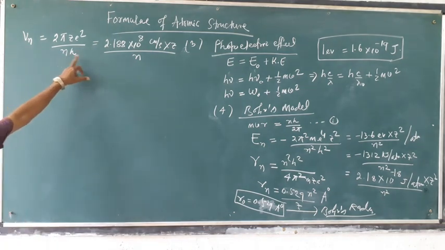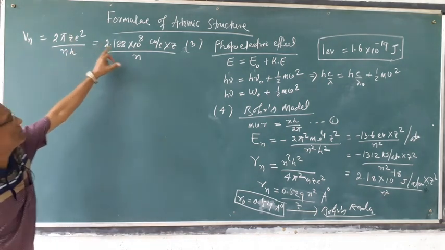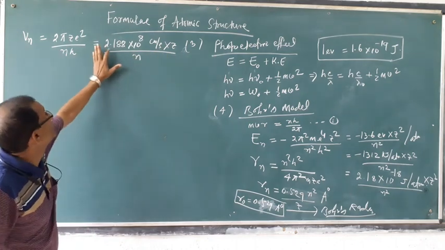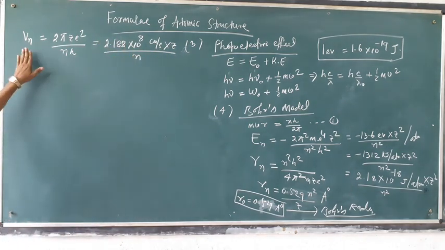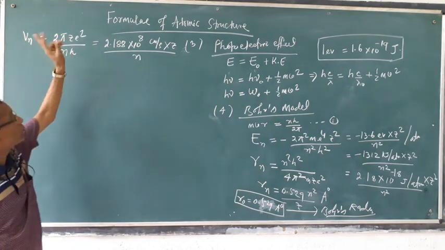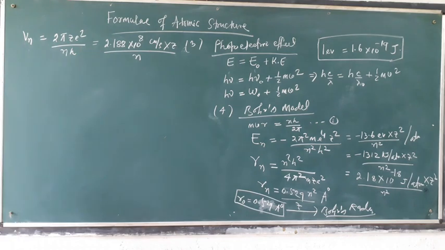N will remain as denominator and Z will remain as numerator. That means the velocity of the electron in the nth orbit is 2.188 into 10 to the power 8 centimeter per second into Z by n. This is the velocity.